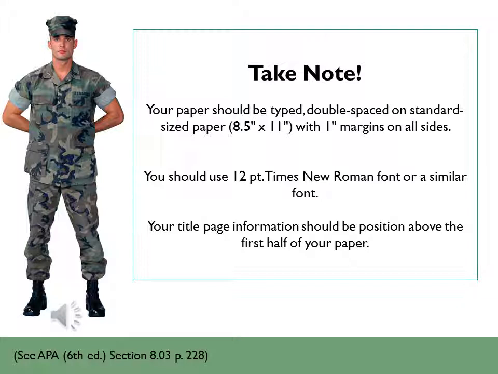You should stay away from fonts that are very difficult to read or not very legible. So when you're formatting your paper, be sure that the font is Times New Roman, size 12 font, and that on your title page, the information, including the title, the author, school affiliation, and course number if it's requested, should be above the top half of your paper.